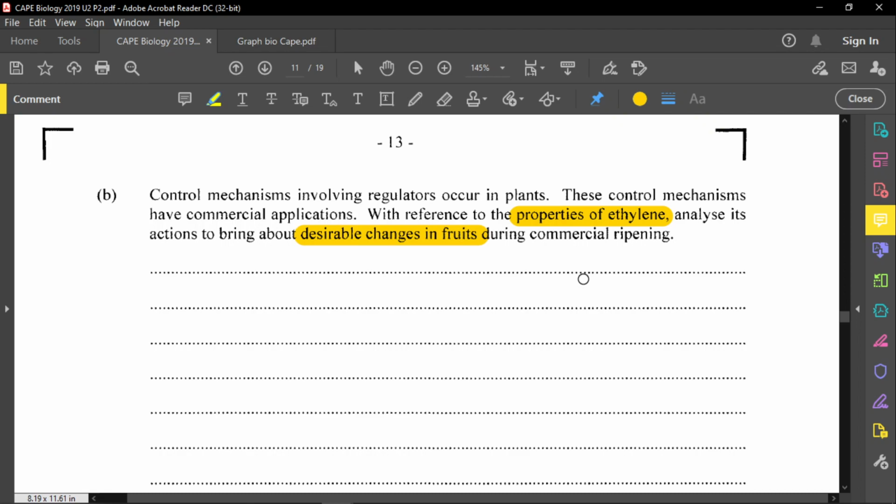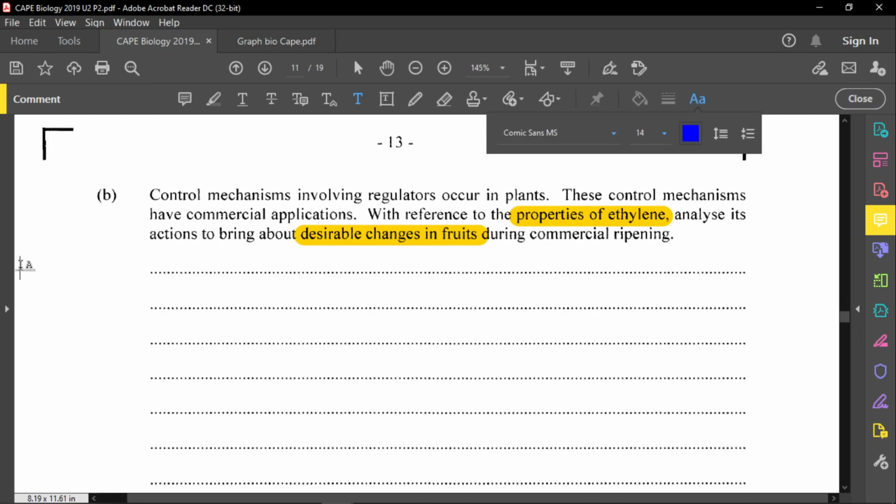All right, and so I think it's fair for me to outline a few properties of ethylene so we can use them to guide our response in terms of how it will enable desirable changes during the ripening processes.